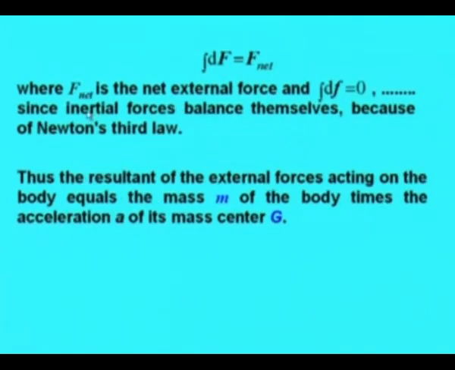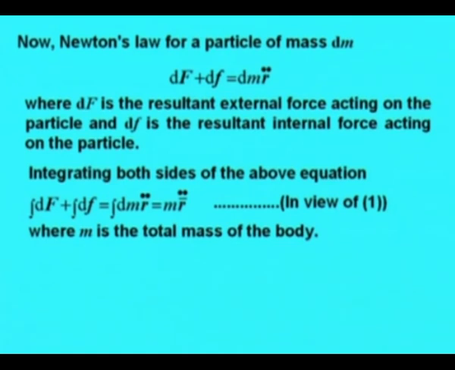Now the resultant of the external forces acting on the body equals the mass m of the body times the acceleration a of its mass center G. In that case, you get only this equation: the resultant of the external forces is the mass times the acceleration of the mass center.